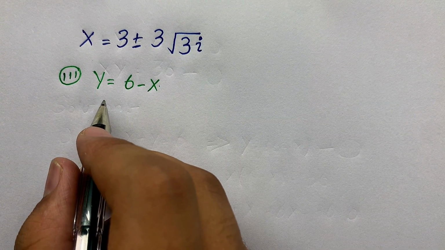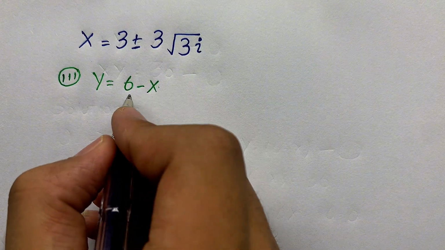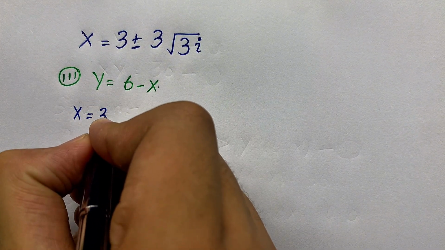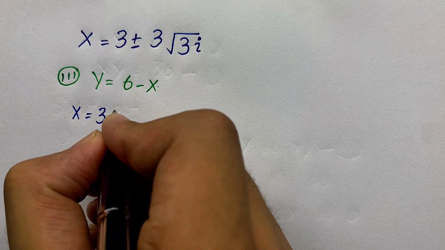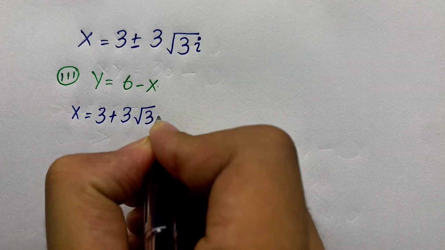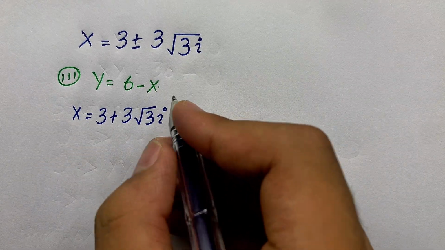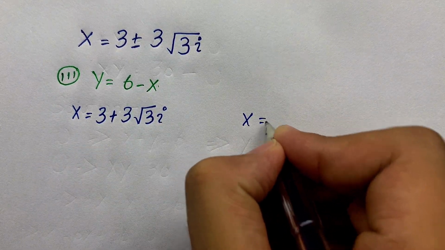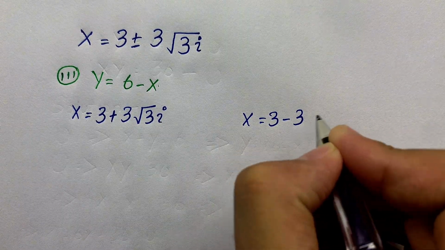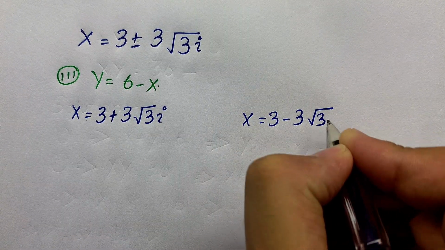Now solving this, y is equal to 6 minus x, and in this x is equal to 3 plus 3 into square root of 3 iota, and x is equal to 3 minus 3 square root of 3 iota.